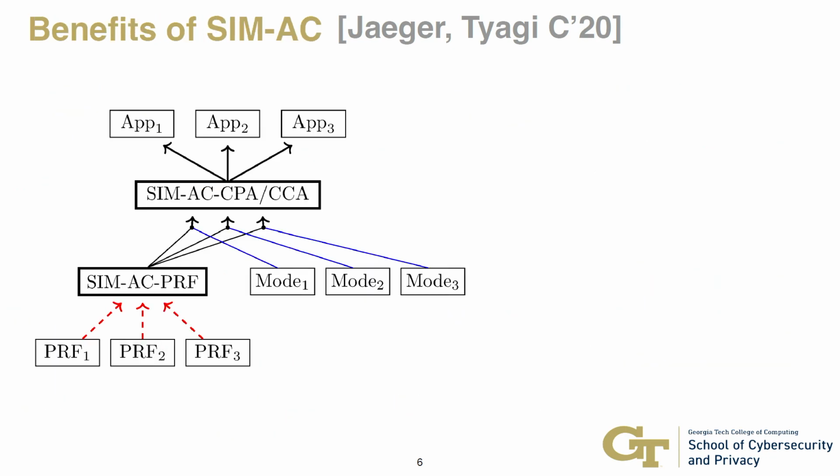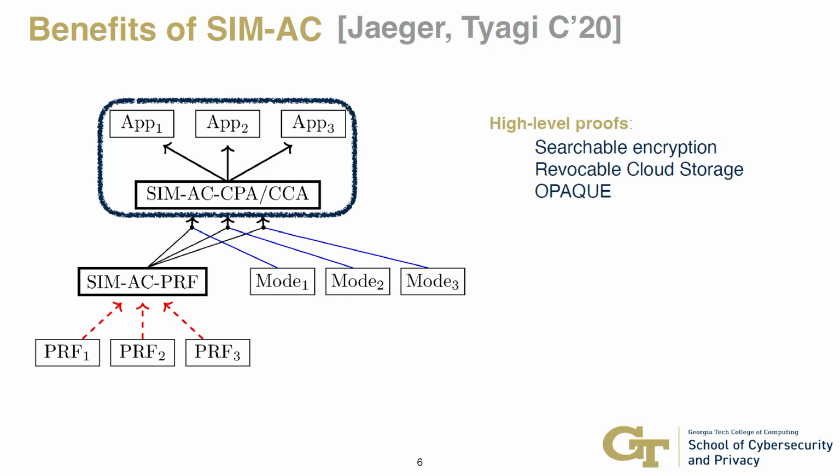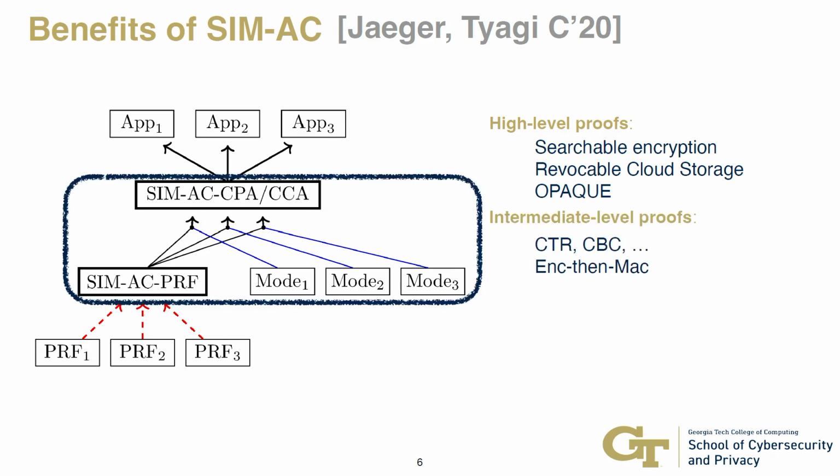Okay, so first let me just say, what were the nice things about the old definition? It allowed these nice modular proofs of kind of complicated primitives, which I break into kind of 3 levels of proof. The higher level proofs were proving security of some complicated protocol or something based on a SIM-AC notion. Intermediate proofs are the ones where I use some SIM-AC definition to prove a different SIM-AC notion for a related construction.